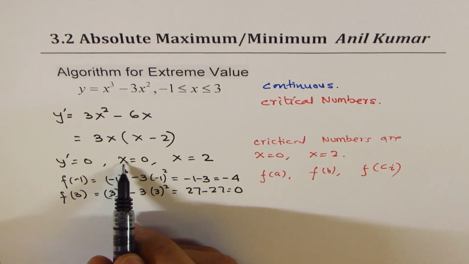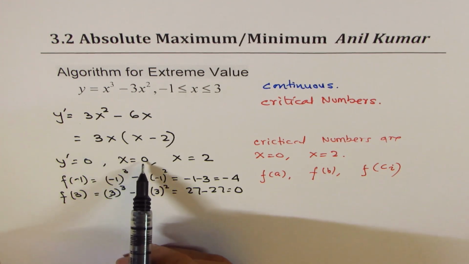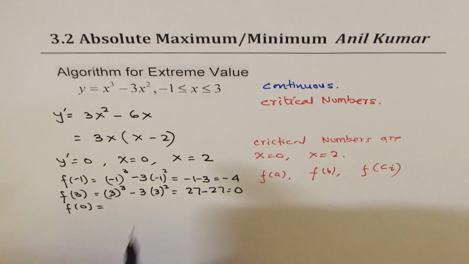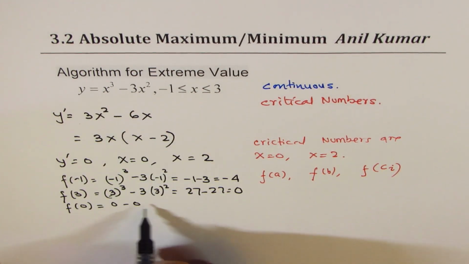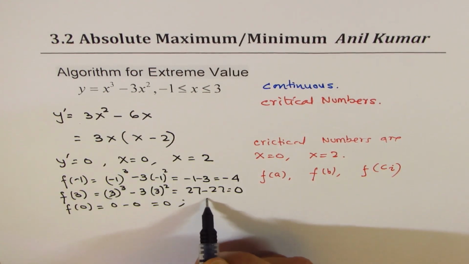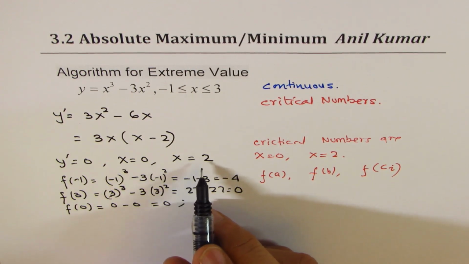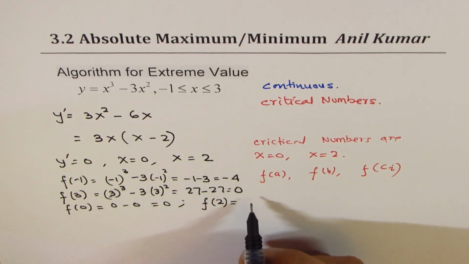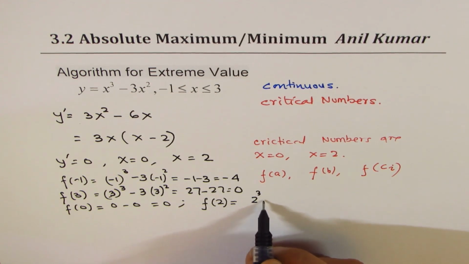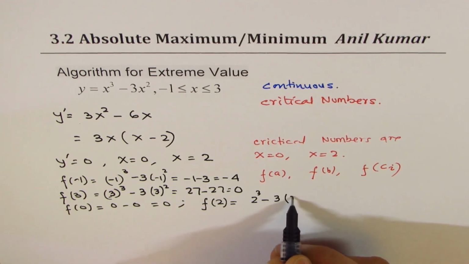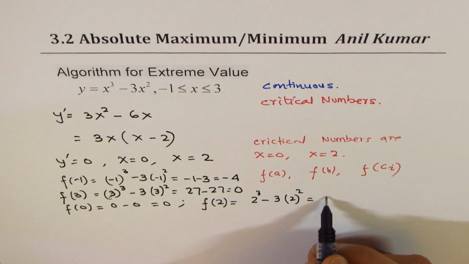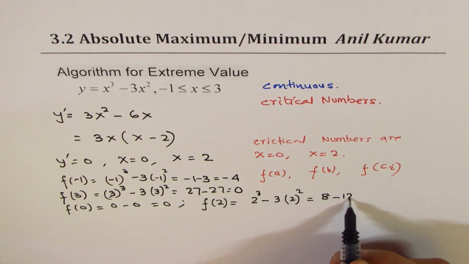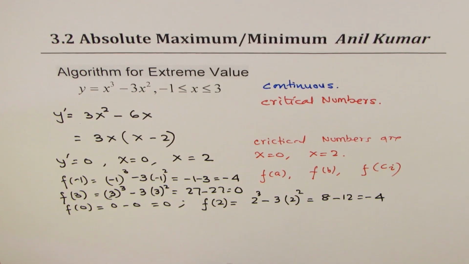Now we'll find the value of the function at 0 and 2, right? f of 0 is 0 minus 0, which is 0. And what is the value at 2? f of 2 is 2 cubed minus 3 times 2 squared, which is 8 minus 12, which is -4.